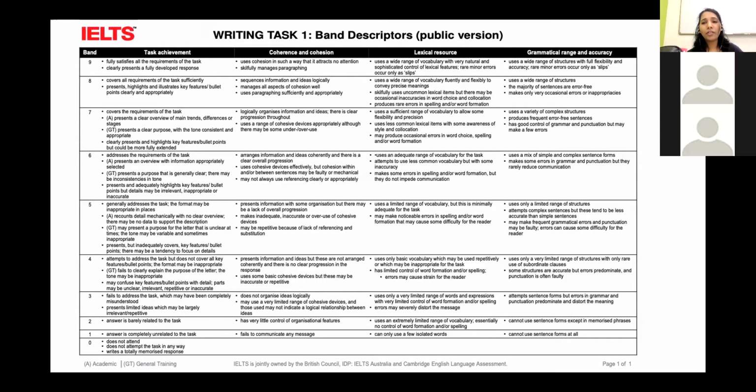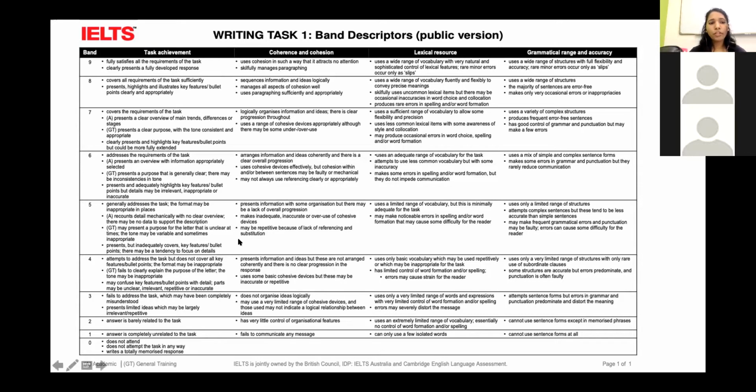And for grammar range and accuracy, the errors are quite minor, the punctuation is apt and to the point. That's how you achieve a band 9. You meet your basic criteria in a little more advanced manner for a band 9 essay.